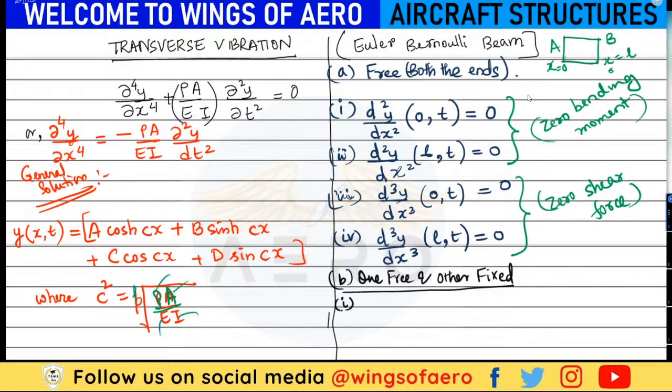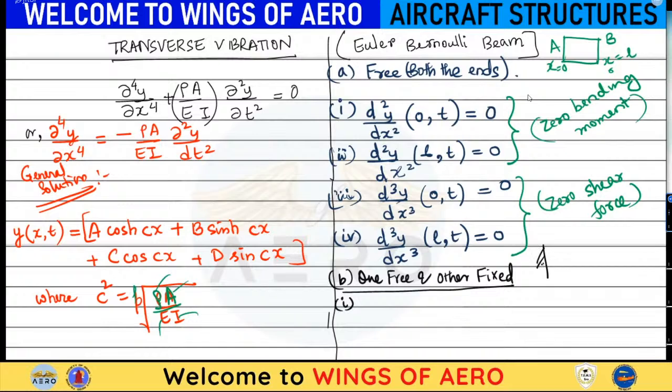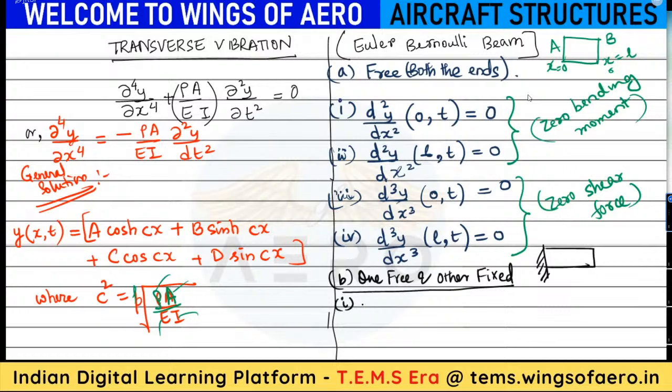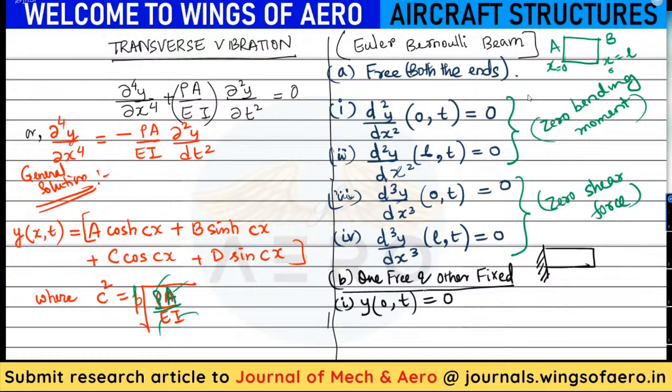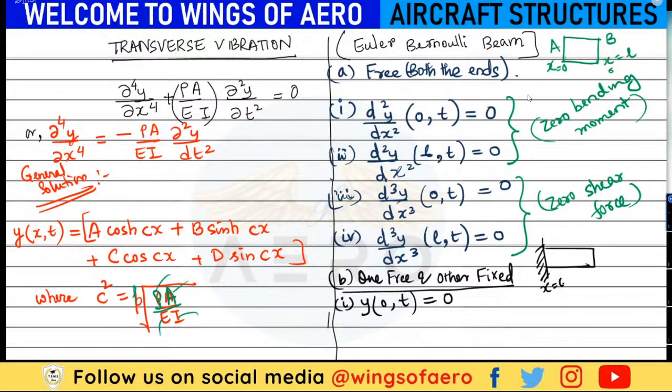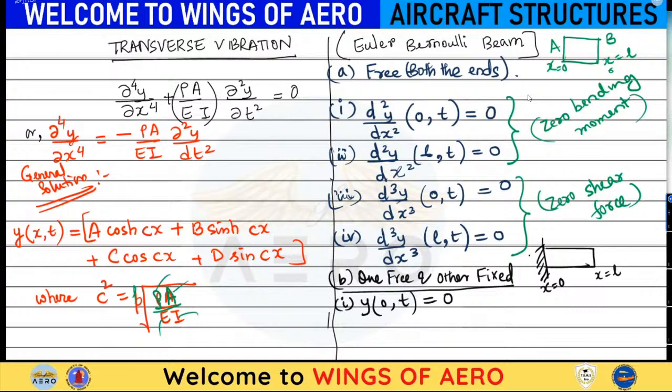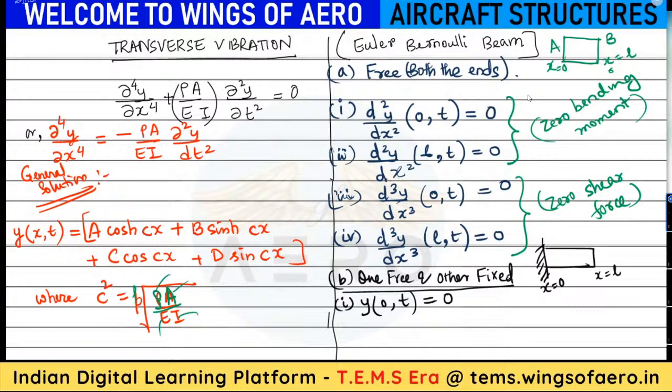The first condition is y(0, t) equal to 0. That means we have 0 deflection at the fixed end. Here x equal to 0 is the fixed end and x equal to L is the free end. Wherever there is a fixed end, it will have 0 deflection.